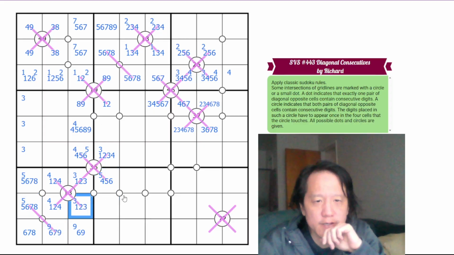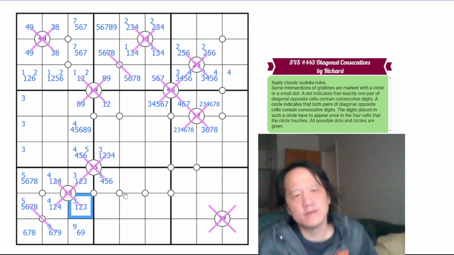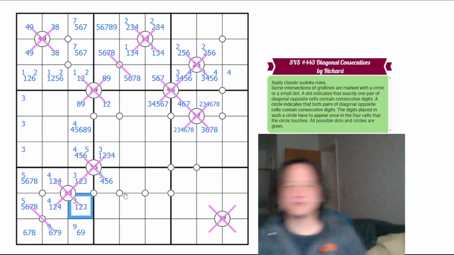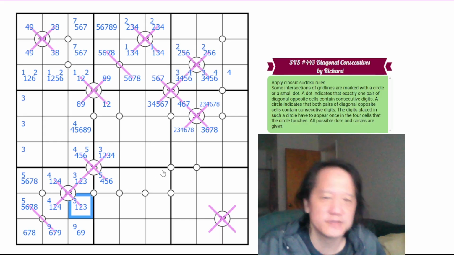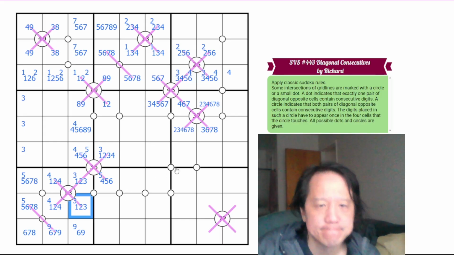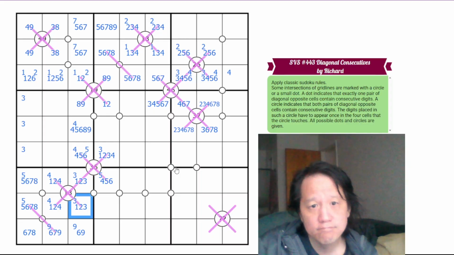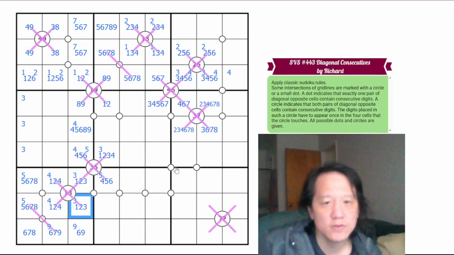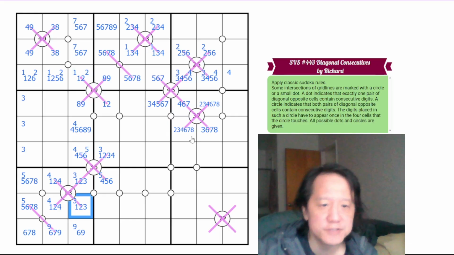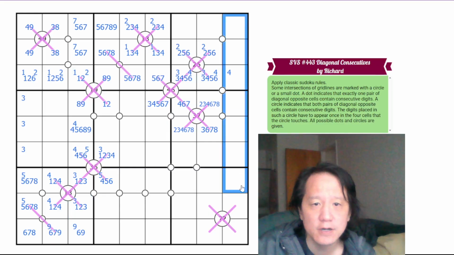Okay. Still trying to figure out the nuances of this diagonal consecutives. Okay, where is the 3 in column 9?